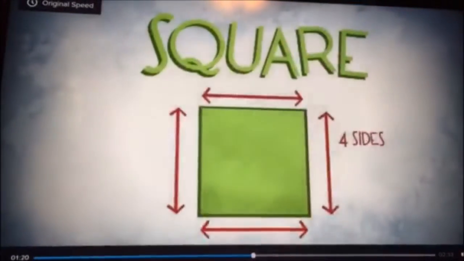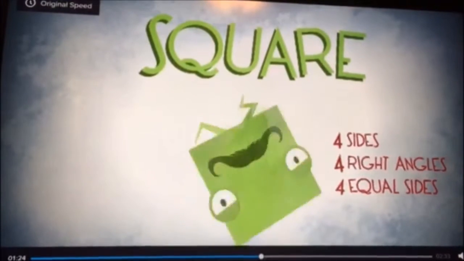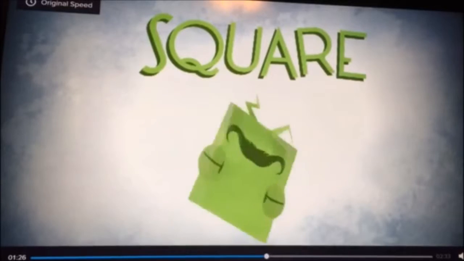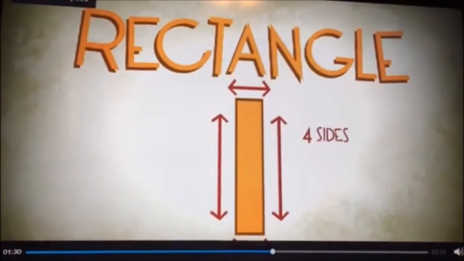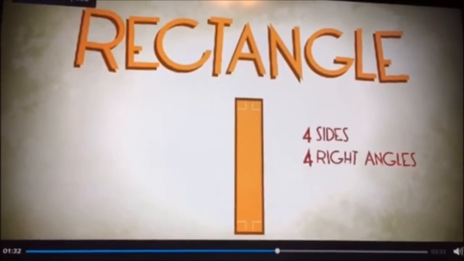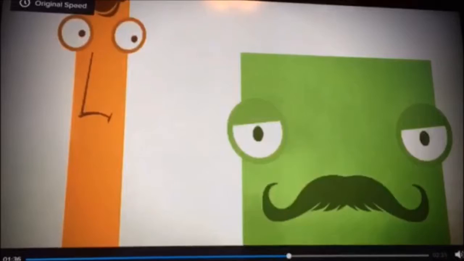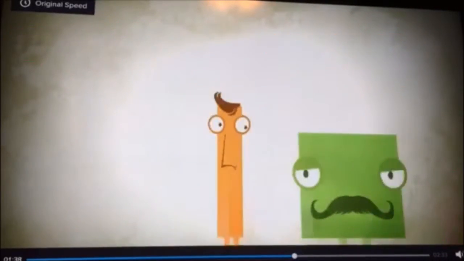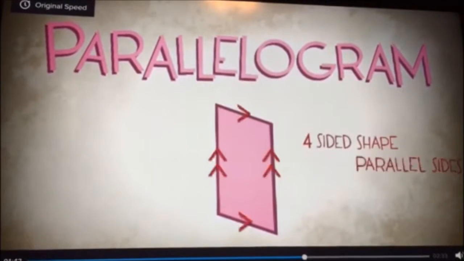A square is a four-sided shape with 4 right angles and 4 equal sides. So you can spin it like a top, and when it stops, it's gonna look the same. A rectangle is a four-sided shape with 4 right angles. So a square is a kind of rectangle, but not a rectangle's a square. Is that clear? A parallelogram is a four-sided shape with 2 pairs of parallel sides.